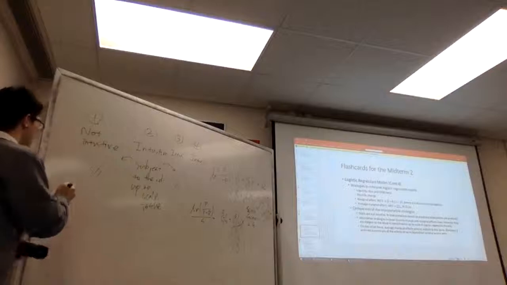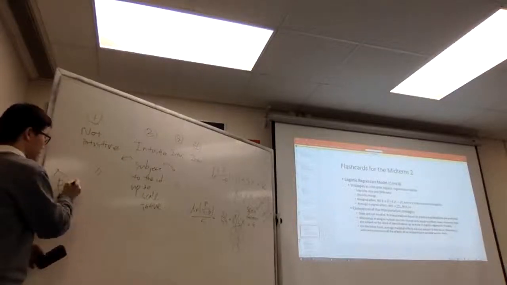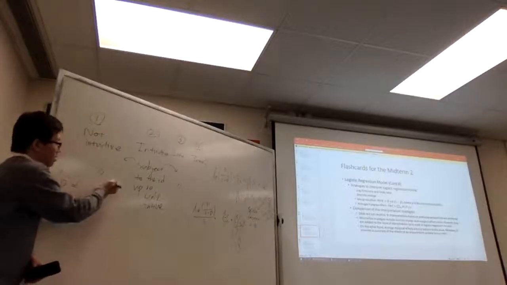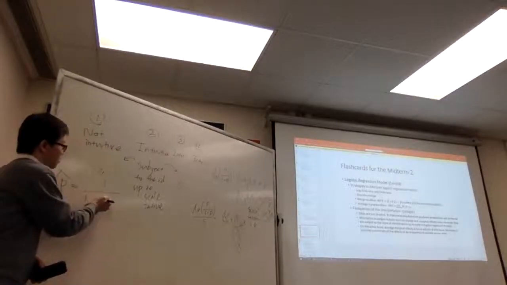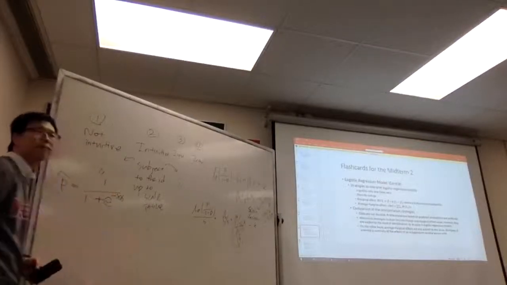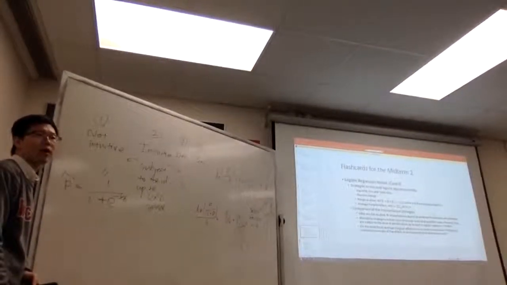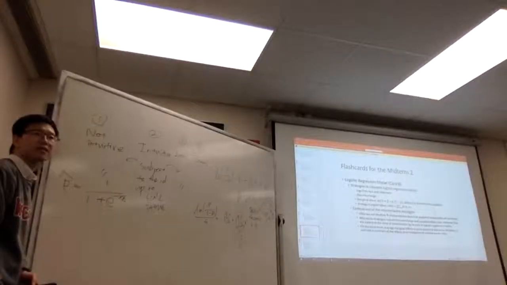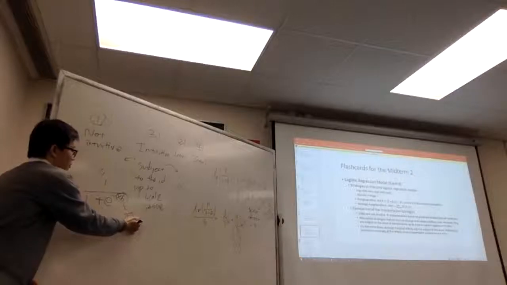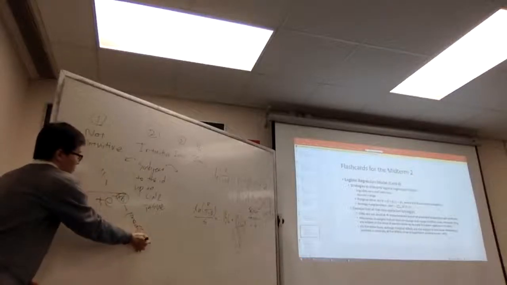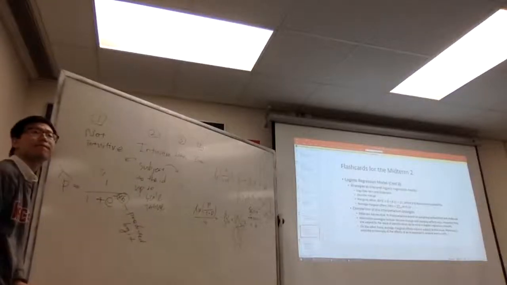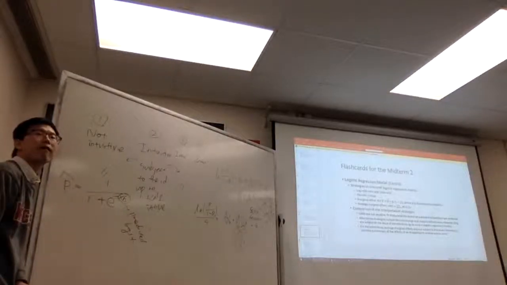But if you remember, the predicted probability p hat is 1 divided by 1 plus e to the minus xb, where xb is the predicted logit.